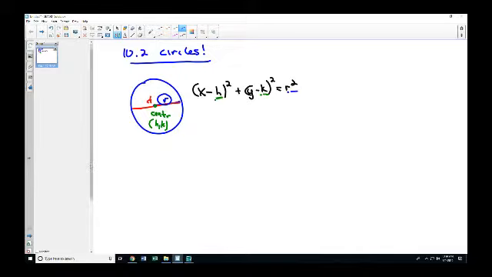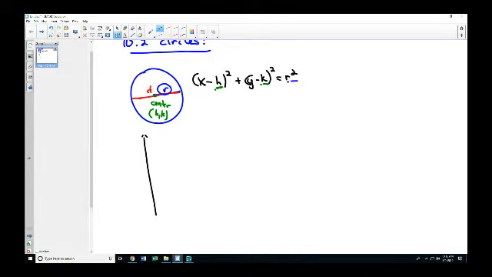All right, so let's take a look at a circle. That's lopsided, but a lot. It's an eyeball. Okay. It's looking at me.